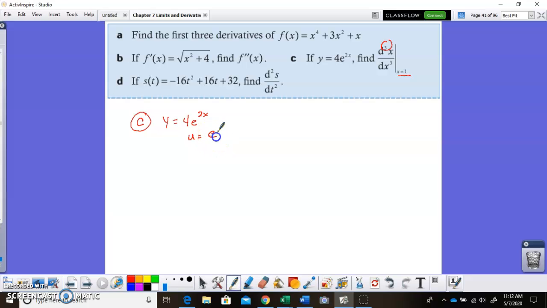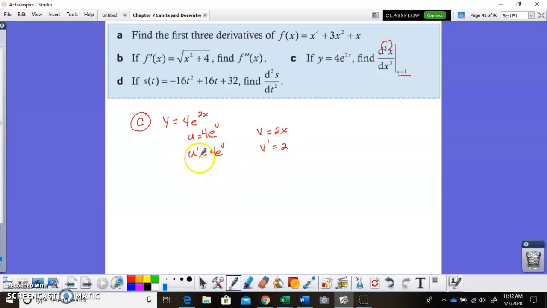So u is equal to e to the v, we'll put the 4 in there so we don't lose it. v is equal to 2x. The derivative of u is equal to 4e to the v, where the derivative of v is equal to 2.